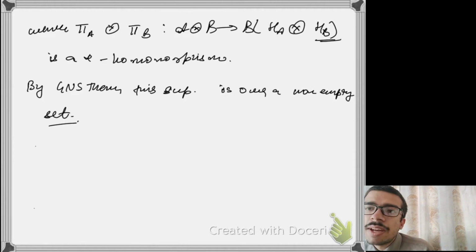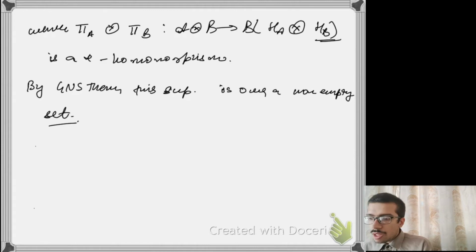Because the GNS theorem guarantees that for any C star algebra, there is an isomorphism to some space of bounded operators on a Hilbert space. So there is at least some mapping, and then we take the supremum over all these mappings of the norm of pi A tensor pi B applied to x, and this norm is called the min norm. There is also something called the max norm that we will not need today.